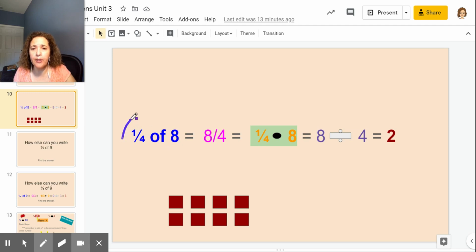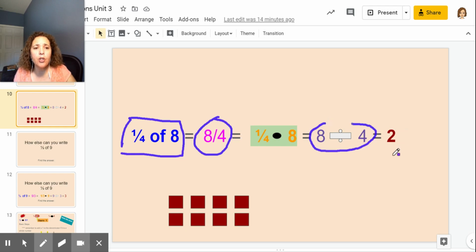It can also be seen as 8 divided by 4, which is equal to my 2, just like we did on the other slide. Just another way to look at it. So here's another way to look at it. Here are 8 things, and you want 1/4 of them.